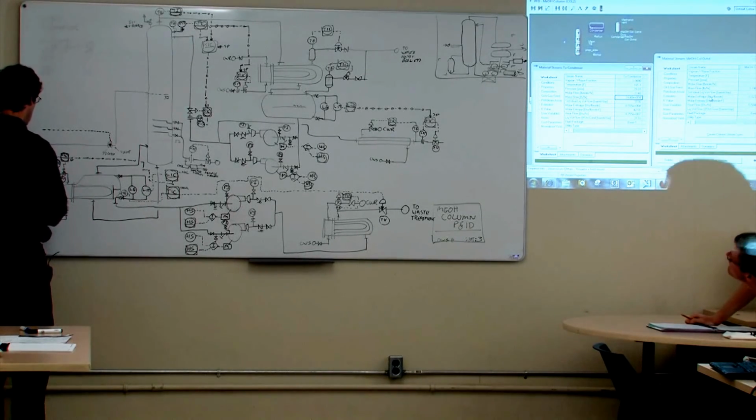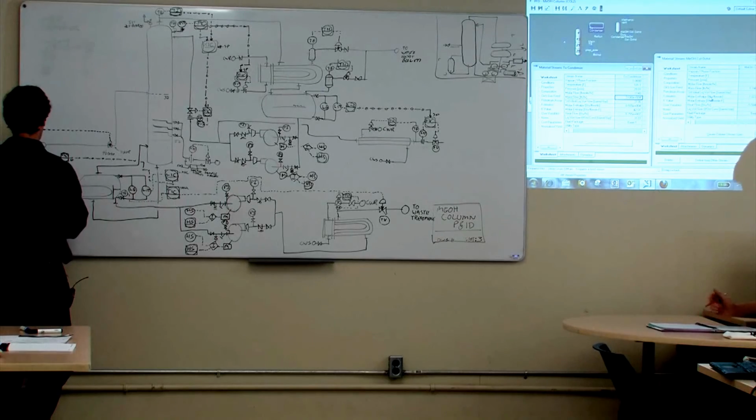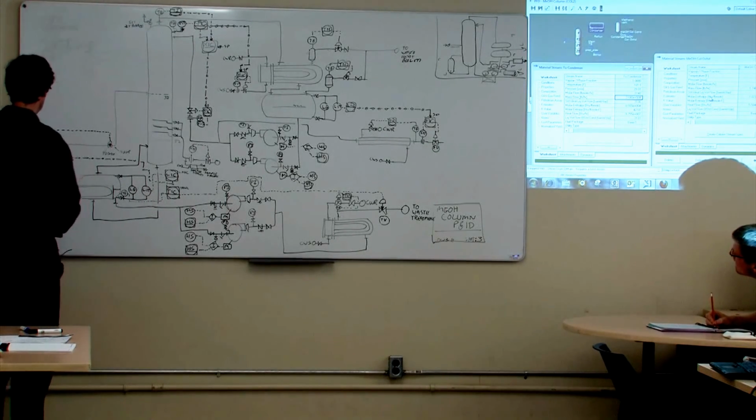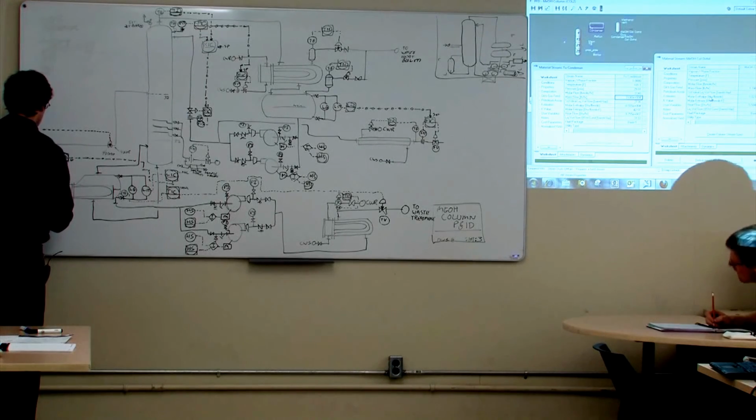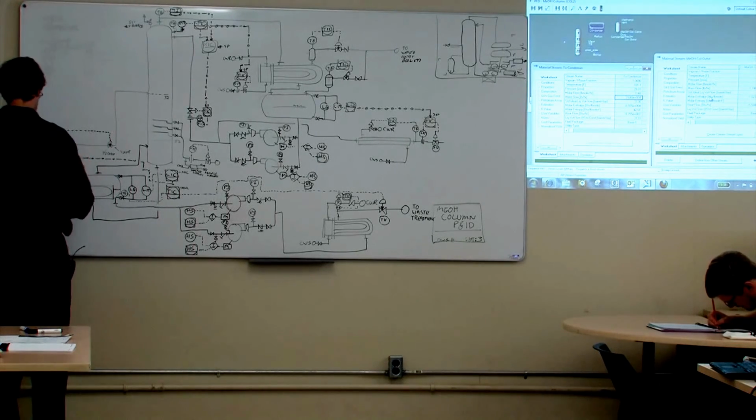So I'm going to put an on-off valve. That's an HV. I'm going to fail it closed, and I'm going to send it a signal from an interlock, and it's going to be a hardwired interlock.